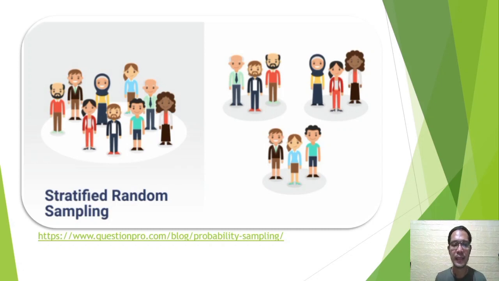For example, to get a stratified sample of university students, the researcher would first organize the population by class, and then select appropriate numbers of freshmen, sophomores, juniors, and seniors. This guarantees that the researcher has sufficient amounts of subjects from each class in the final sample.